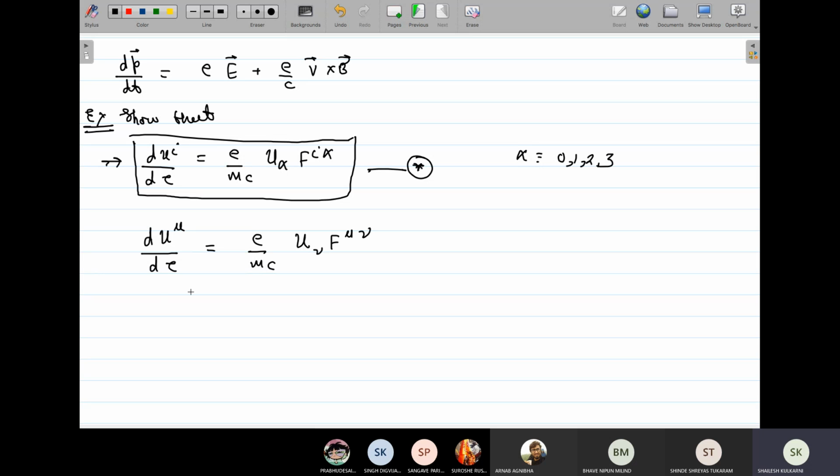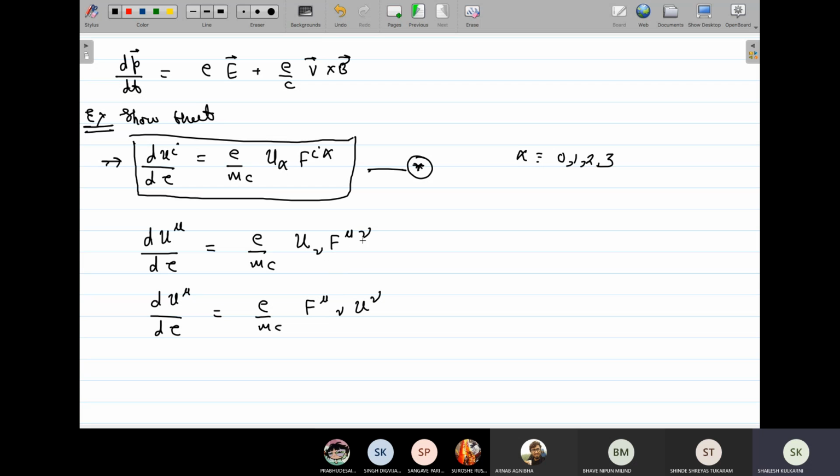Or in other words, you can also write in an equivalent way du mu by d tau is equal to E by mc, you can write this as F mu nu u nu.